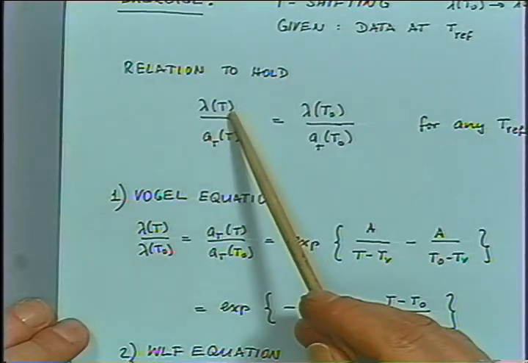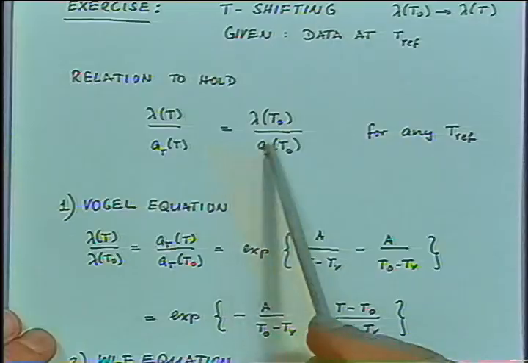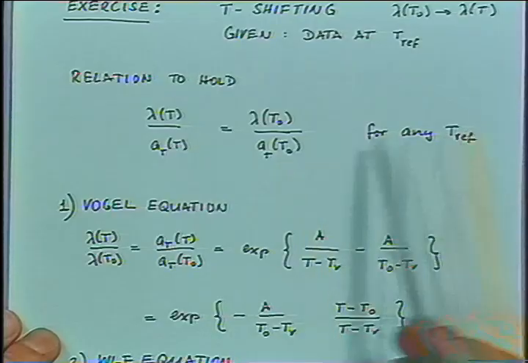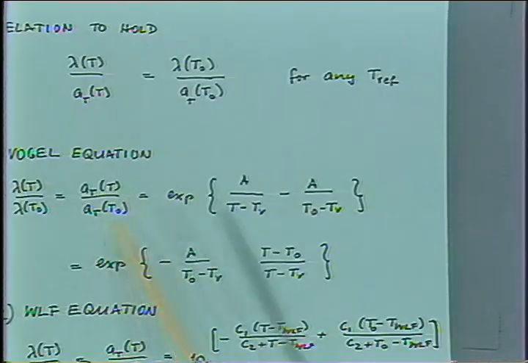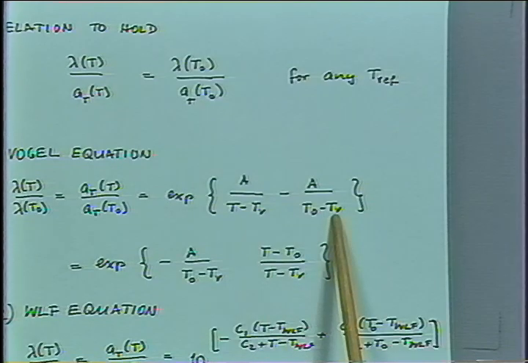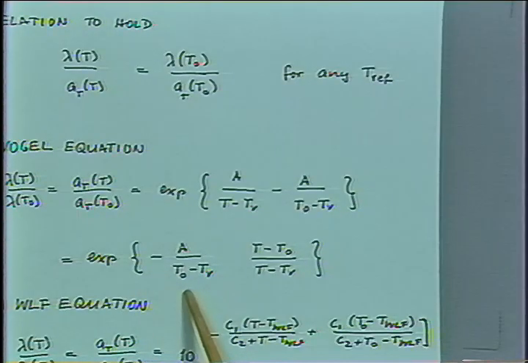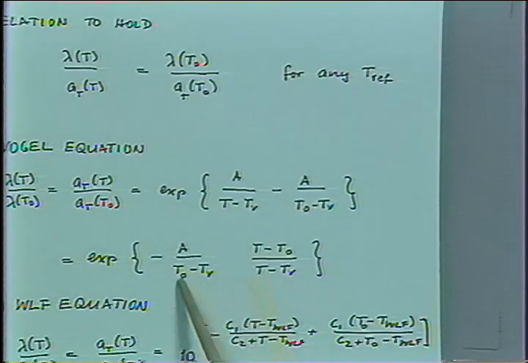So lambda at temperature T divided by the shift factor between T and this reference level is equal to lambda at some temperature T0 divided by aT0 also with respect to this reference level. Now, the ratio of those two, described with the Vogel equation, can be expressed just in an exponential function. The two exponents are subtracted from each other. We are recombining this, and we find now that T minus T0 appears up here, and T and T0 appear down there.